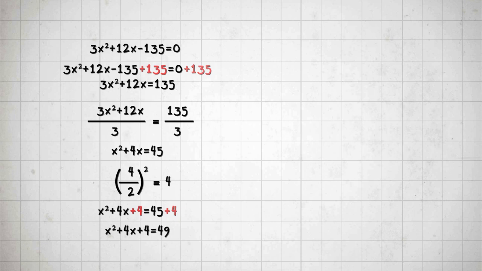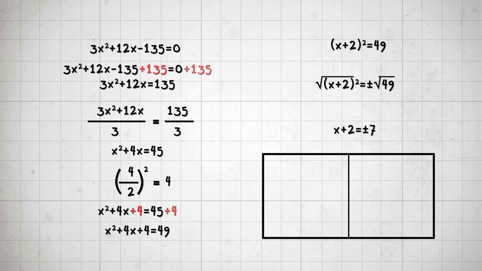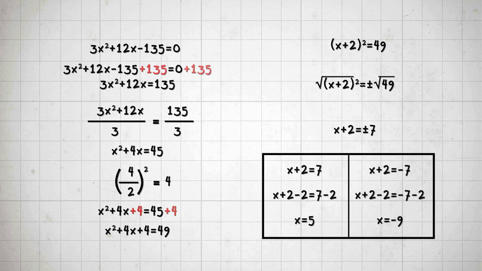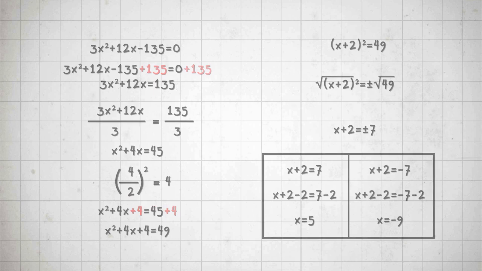Since the polynomial on the left side is already a perfect square trinomial, we can express it as a square of a binomial. This is the form we want to achieve when solving quadratic equations by completing the square. When the equation is already in this form, we can solve the equation just like how we do when we use the method extracting square roots.